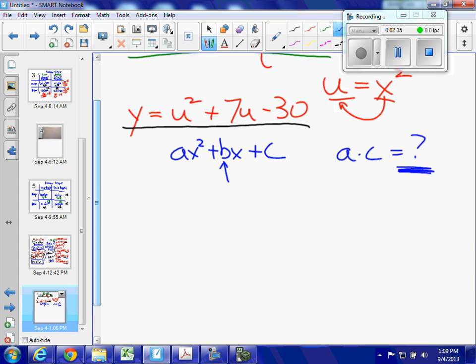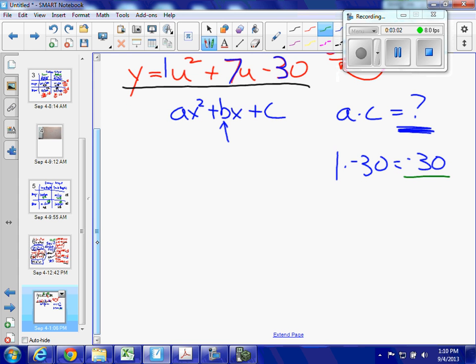So in this case, my a is 1, my b is 7, my c is negative 30. So I'm going to multiply 1 times negative 30, and I get negative 30. So I need to find 2 factors of negative 30 that, when I add them together, will be equal to 7.